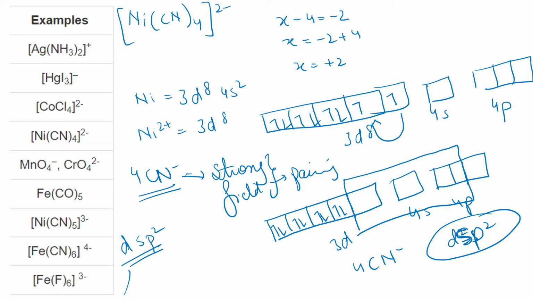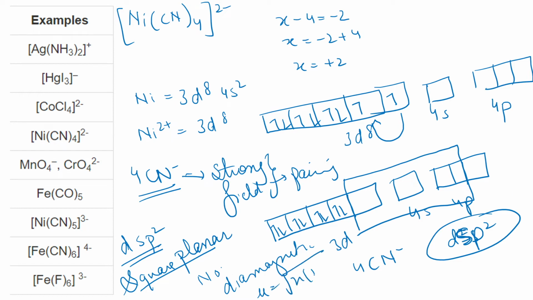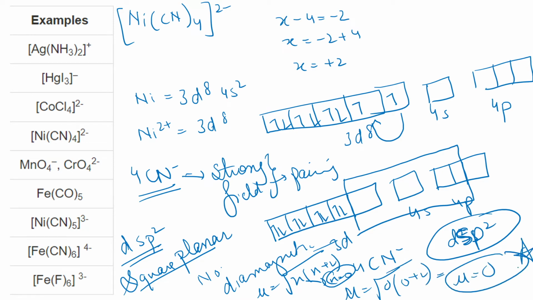In that case, the geometry is square planar. So can you see some free electrons? No. So the complex is diamagnetic. But what will be the magnetic moment? Magnetic moment is equal to under root n into n plus 2. Since n is equal to 0, number of unpaired electrons are not there. So magnetic moment will be equal to 0 into 0 plus 2. That will come out to be 0. Magnetic moment is equal to 0.